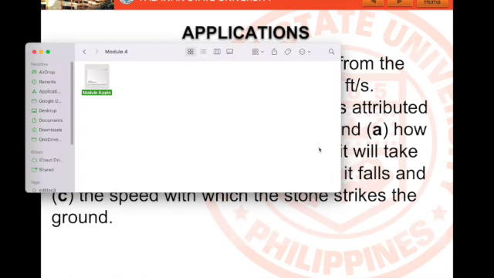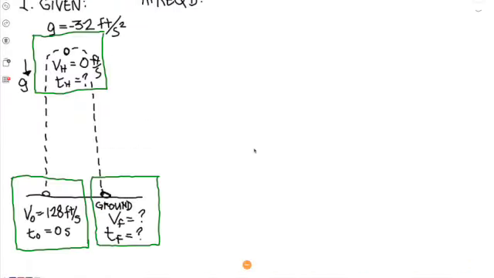For A, let me introduce another variable here. In this instant, what is the distance? S sub H, the distance at the highest point. So in A, we're looking for S sub H, the distance at the highest point. We're also looking for B, the time at the highest point.